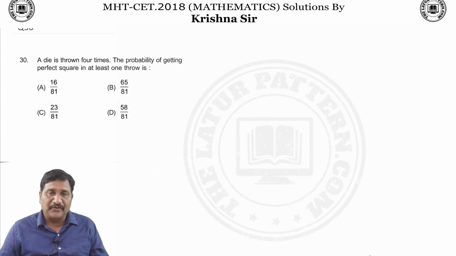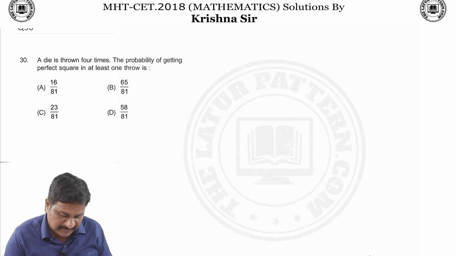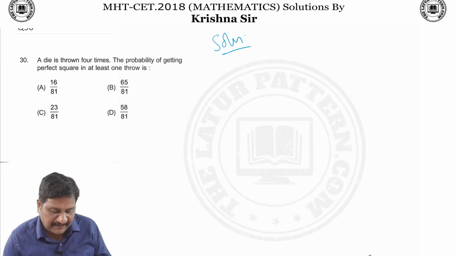The solution of question number 30. A die is thrown 4 times. We need the probability of getting a perfect square in at least one throw.